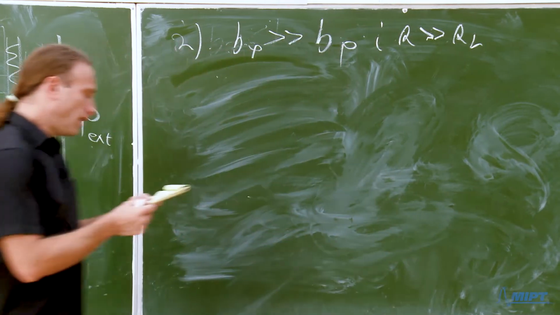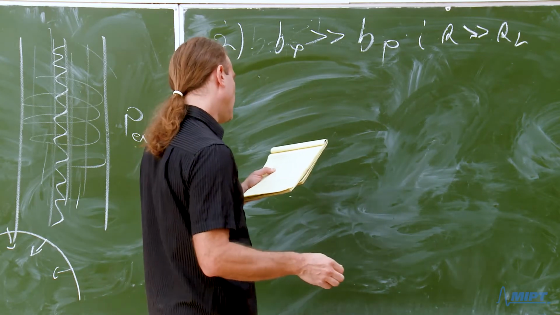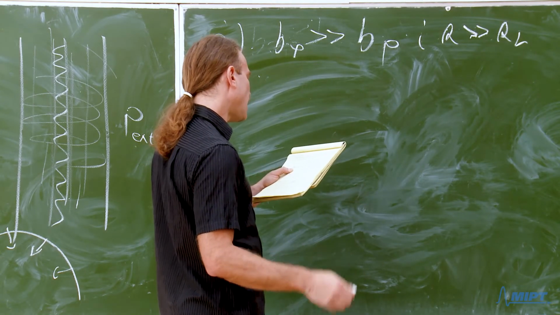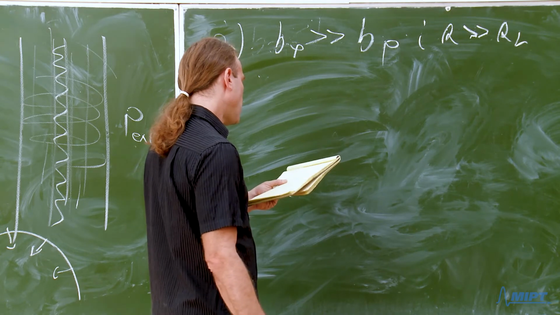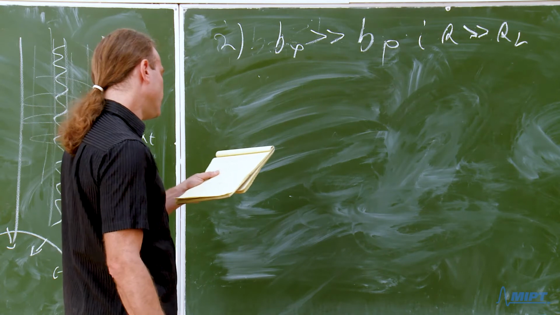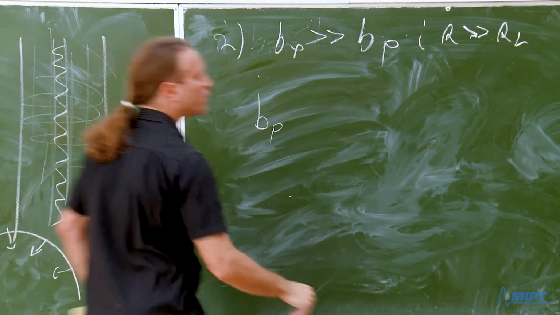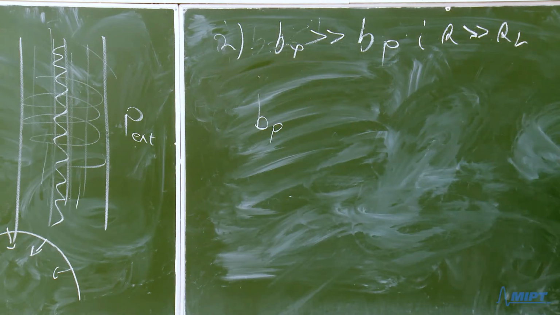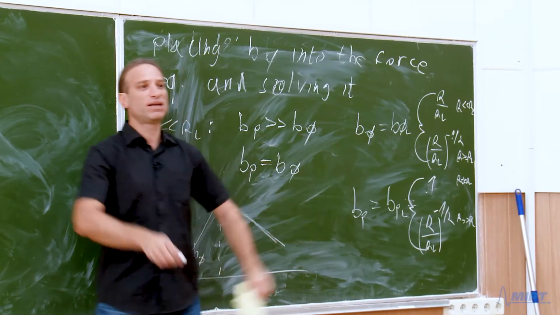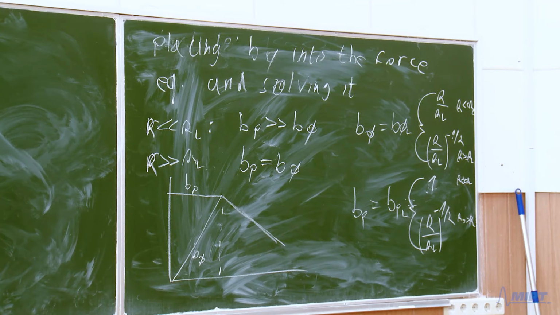Okay, so in this case, if I use this approximation, and again, I have that in my notes, and solve that, what I will get is that BP, again, at radii that are much smaller than RL, I'm still in the limit where BP is larger than B phi. Because B phi still will increase radially. But outside of the light cylinder, B phi is now dropping slower than BP.